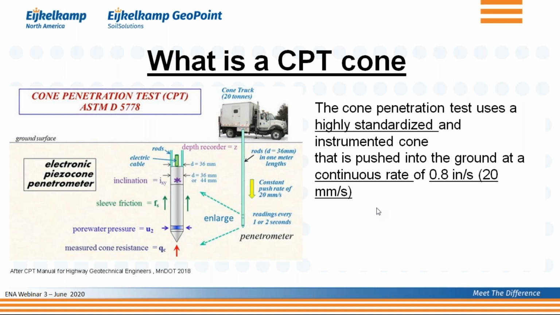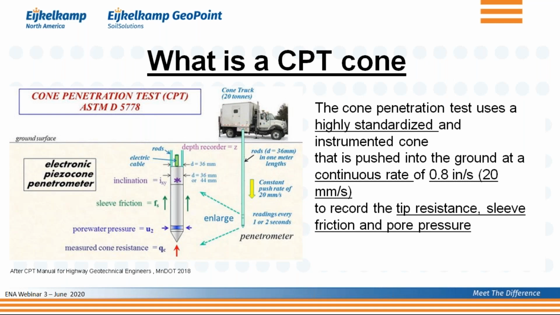By using the same size of cone and the same speed in which we push the cone into the ground, we have been able to figure out how to correlate the cone readings with the soil behavior. If you suddenly start using a different size cone or push it in the ground at a different speed, those correlations may no longer be valid. That's why it's so important that we use all these standardized dimensions and push rates.